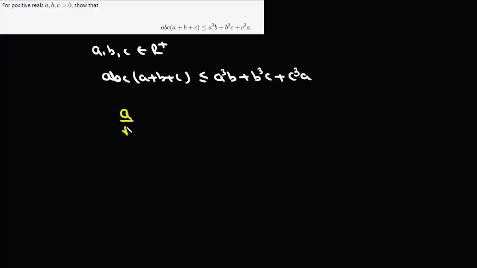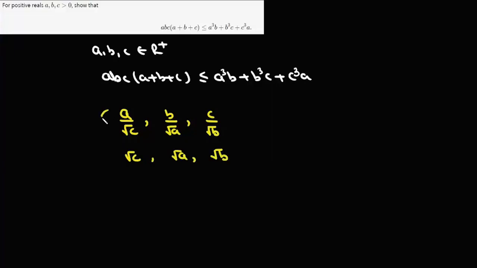are a upon root c, b upon root a and c upon root b, and the other 3 numbers are root c, root a and root b.